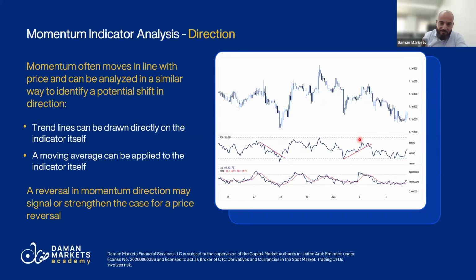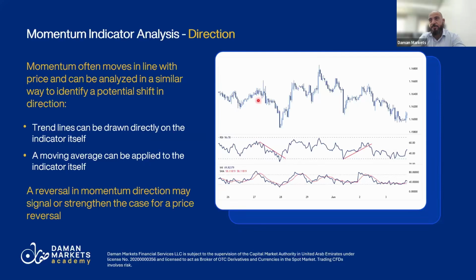So, how do we identify the trend of the price? We use the sequence of tops and bottoms, right? If prices are moving in a sequence of higher tops and higher bottoms, we are in an uptrend. We can use trend lines to determine the trend.